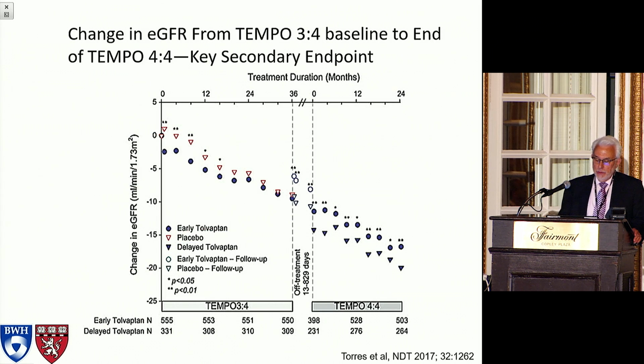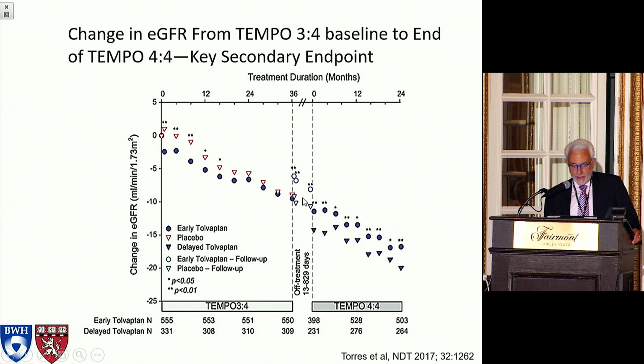This slide shows the open label follow-up of TEMPO 3:4 and the TEMPO 4:4 study. And the key secondary endpoint was eGFR. And in the long-term follow-up, this is the tolvaptan treated group. The open triangles represent the placebo-treated group.